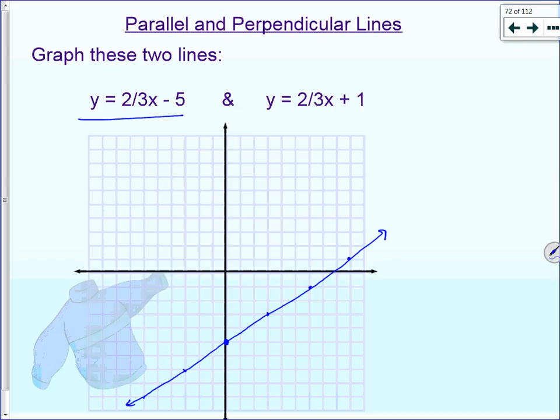So there's y equals 2/3 x minus 5. And then I'm going to graph y equals 2/3 x plus 1. I'll do that one in another color so I can differentiate. So my slope is 2/3, so up 2 over 3. And then I can go down 2 and 3 to the left to continue the pattern.